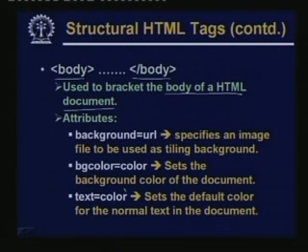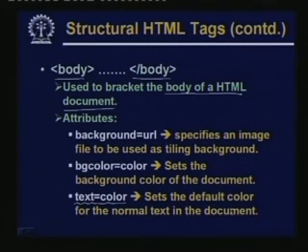Here a couple of these you have already seen. For example, we have seen the text attribute, text equal to color. We shall see how we can specify color in different ways, but we can specify a color to the text. If this attribute is present, this will set the default color for the normal text in the document.